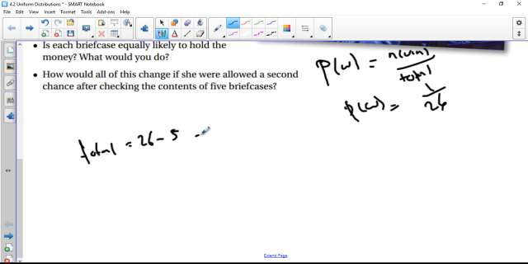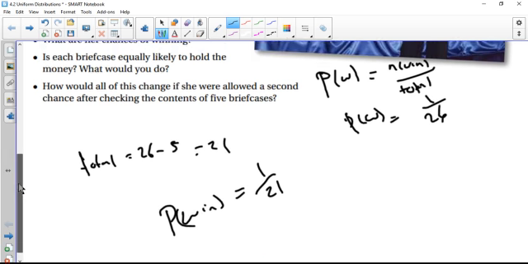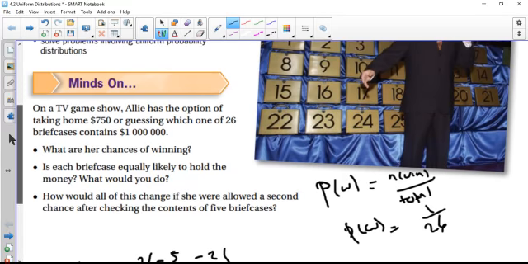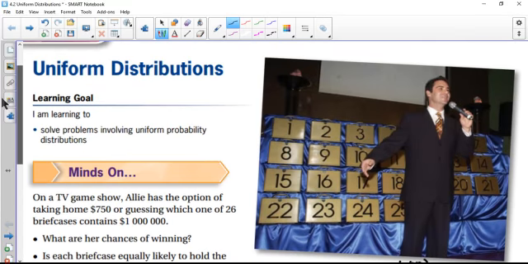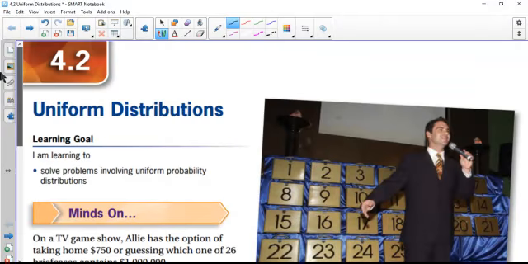We reduce it by 5. It'll be 21. So now it's going to be 1 out of those 21. So the probability of winning will be 1 out of 21. So definitely awesome if you could have that sort of option. So you basically have about a 5% chance of winning $1 million.